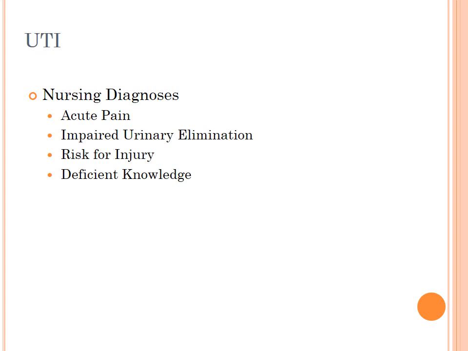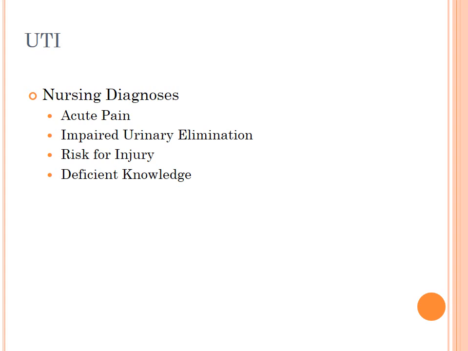Encourage fluids. Apply warmth possibly to the suprapubic area. That may help. Encourage emptying of the bladder. And cranberry juice or cranberry capsules, and the evidence-based practice listed on 838 is a good explanation of how that works. It prevents the bacteria from sticking to the wall.